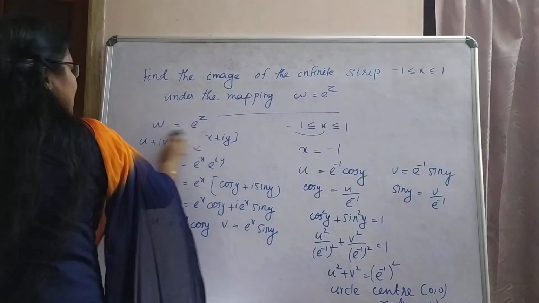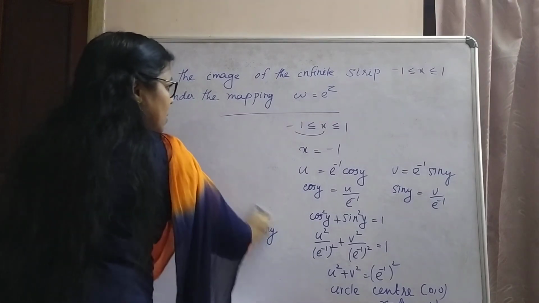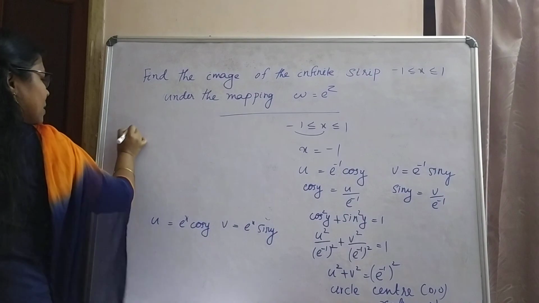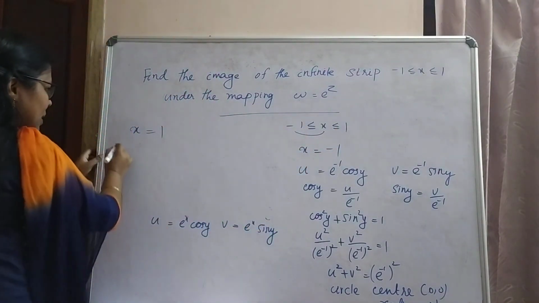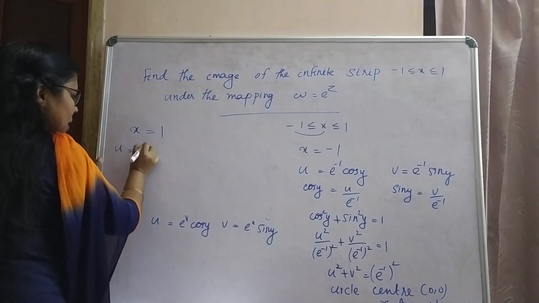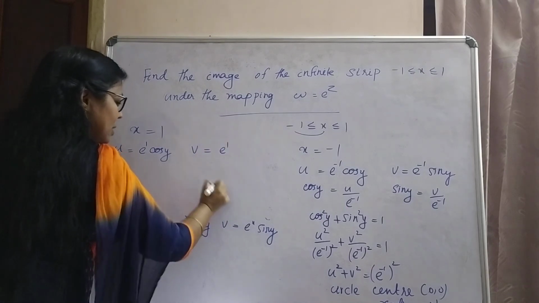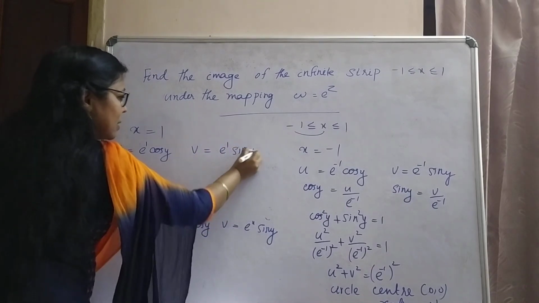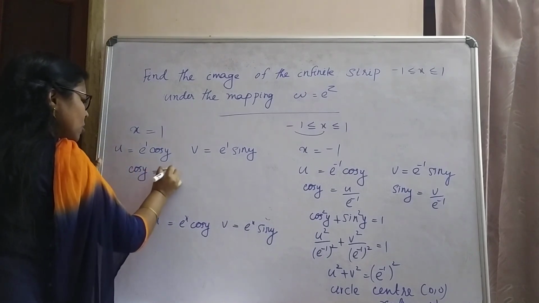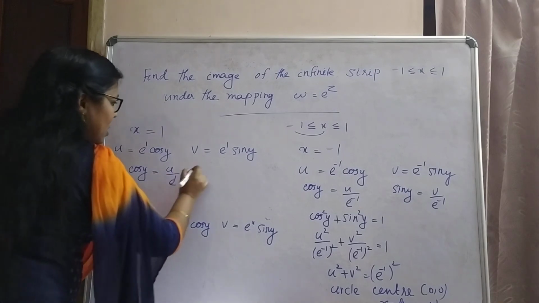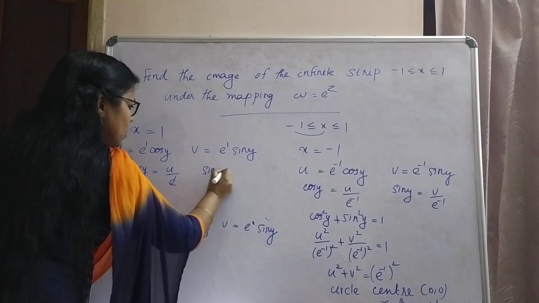Now taking x equal to 1. X equal to 1 is u equal to e raised to 1 cos y, also v equal to e raised to 1 sin y. Cos y equal to u by e, also sin y equal to v by e.